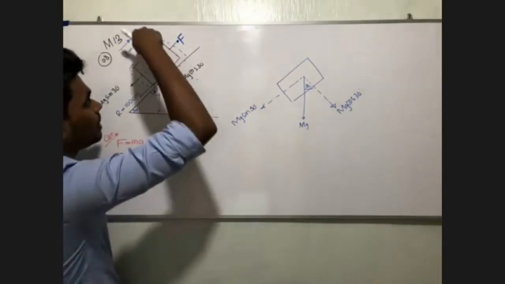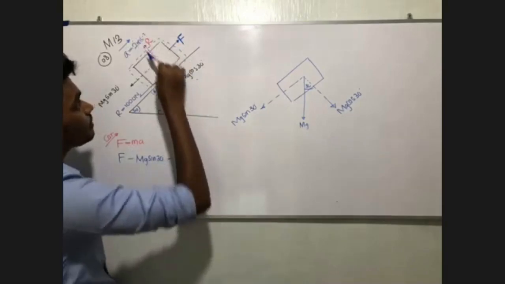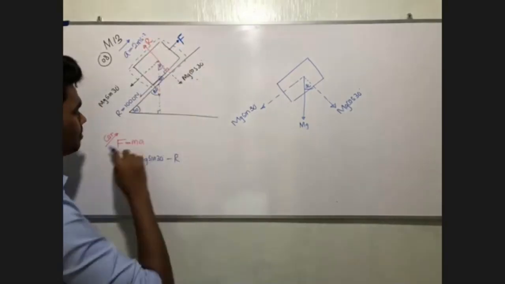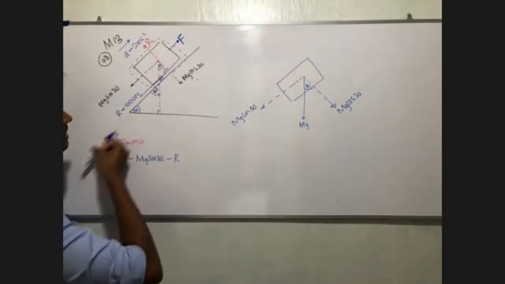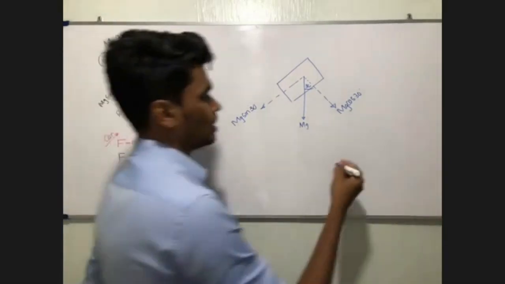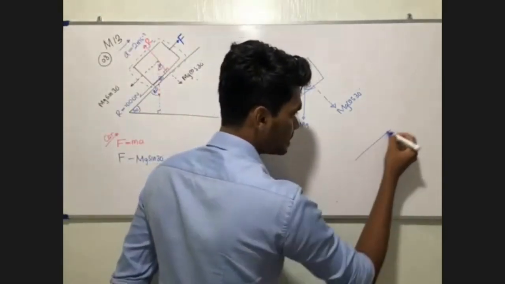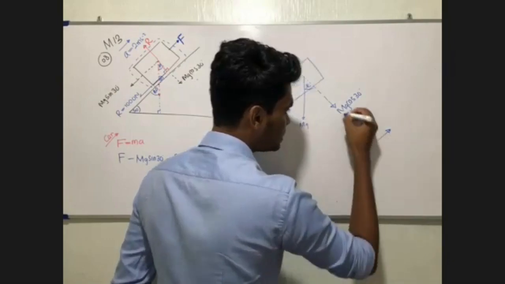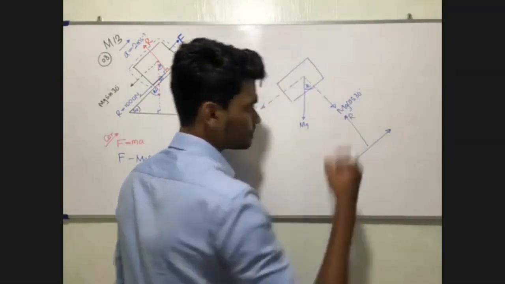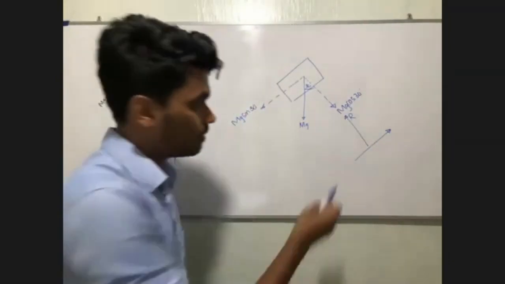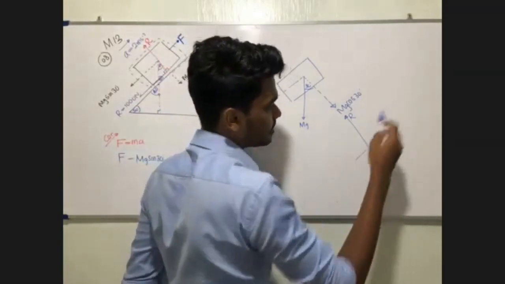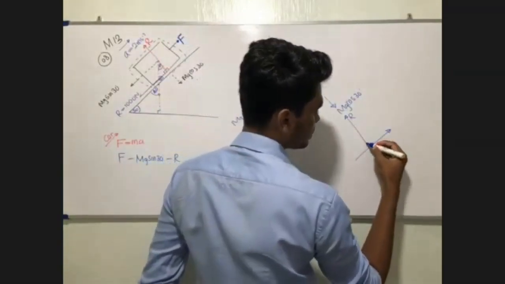What about this R? Capital R force is perpendicular to the direction that I apply F equals ma. I'm applying F equals ma in this direction. R is perpendicular to it.